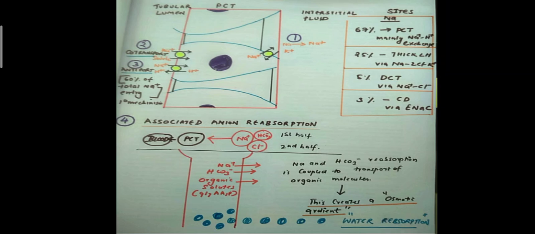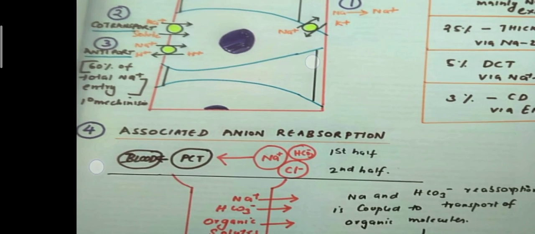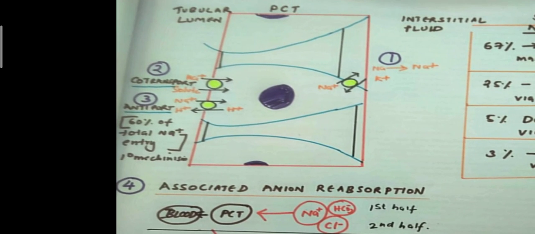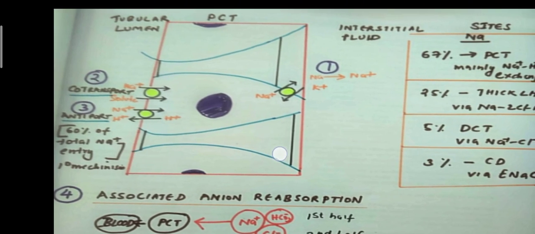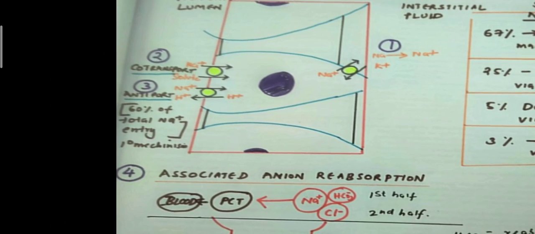And the third reason is secondary active transport, which is important to transport other substances such as glucose and amino acid. So it is very clear from the diagram, sodium potassium ATPase, which is present on the basolateral membrane, reabsorbs sodium to the interstitial fluid, and the potassium is infused into the cell.